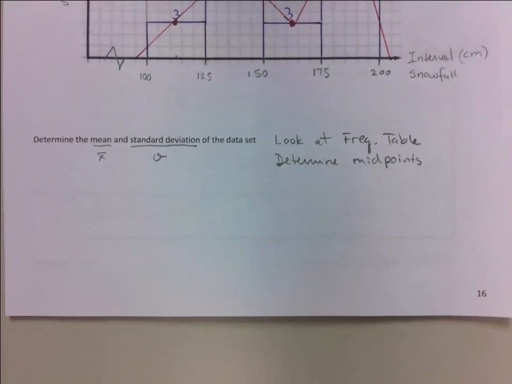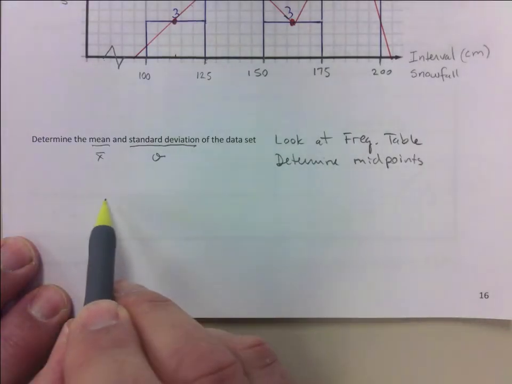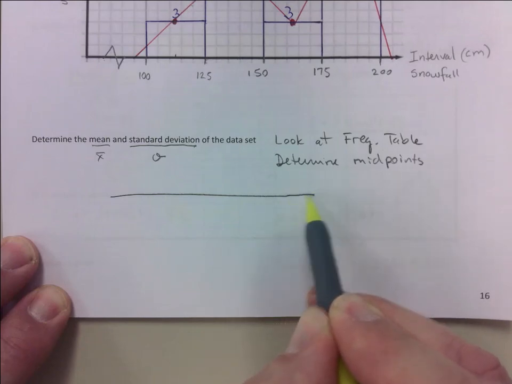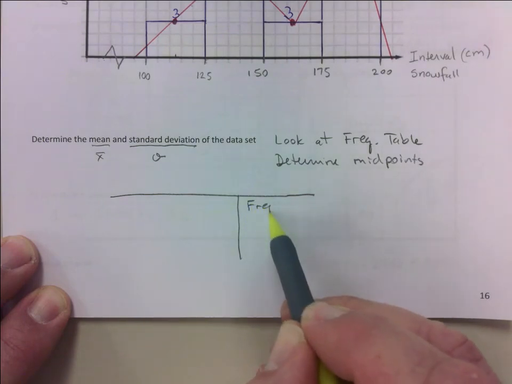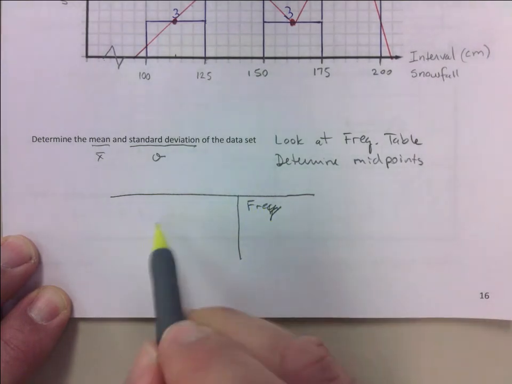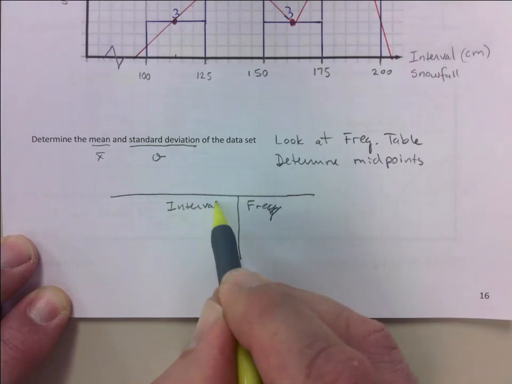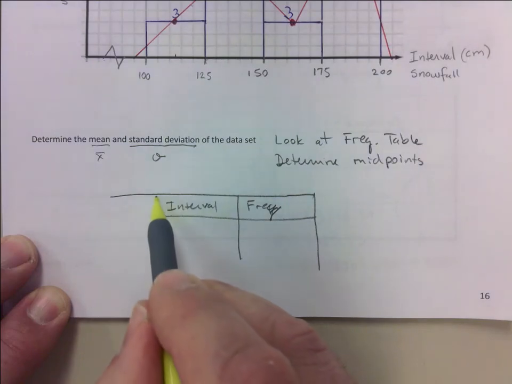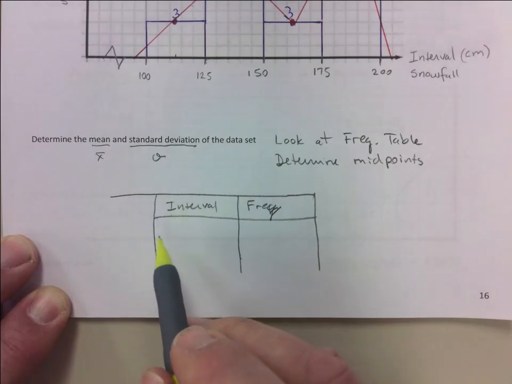Determine the midpoints. Now we could look at that big table on page 15, but I'm going to ask you to just make a quick table like this, where we have our frequency and we have our interval. How many rows? 4 rows.